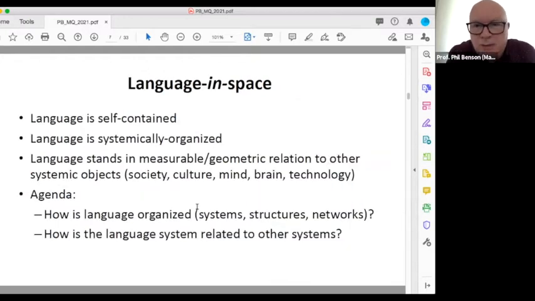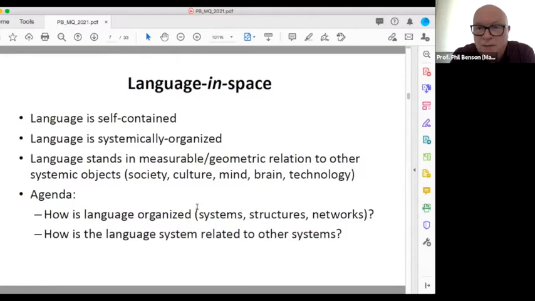Now, coming to language, we can apply that idea of objects in space to language. So if we think of language as an object in space, and my argument is that a great deal of linguistics does think of language as an object in space, then we would think of language as being self-contained, of consisting only of itself.